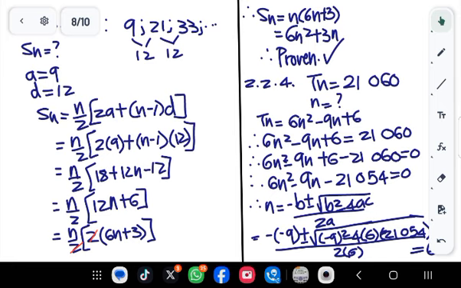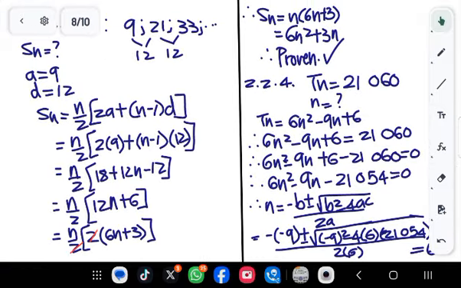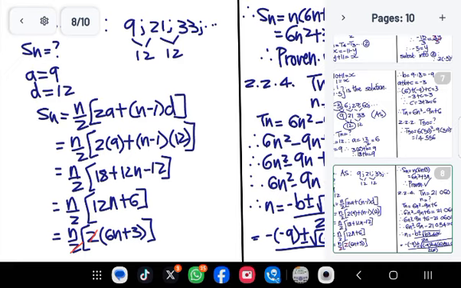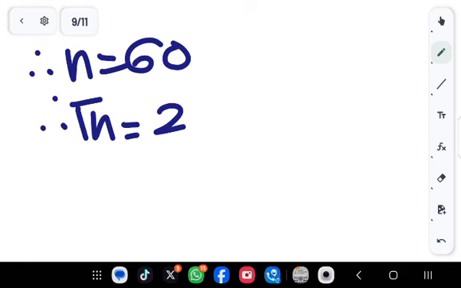So the answer should be 60. Therefore n equals 60 terms, meaning that Tn equals 21,060. I mean T60.